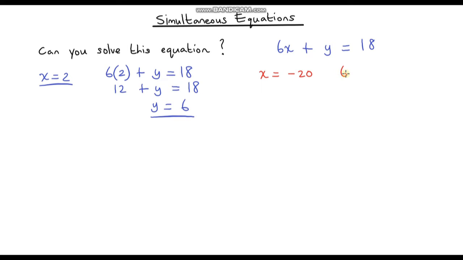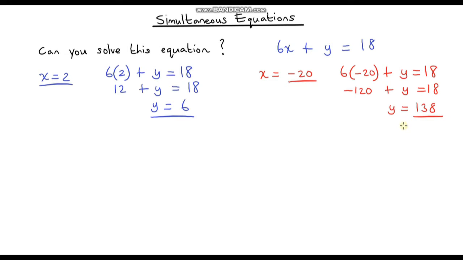So it's going to be 6 multiplied by negative 20 plus y equals 18. 6 times negative 20 is negative 120. So we've got negative 120 plus y equals 18. And now if we add 120 to both sides, we are left with y is equal to 138. So when x equals negative 20, y equals 138.